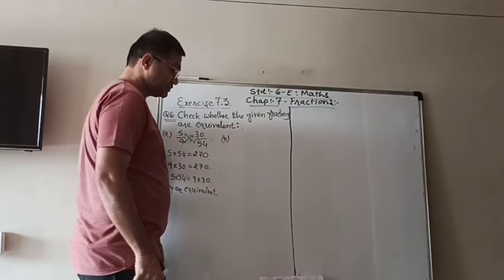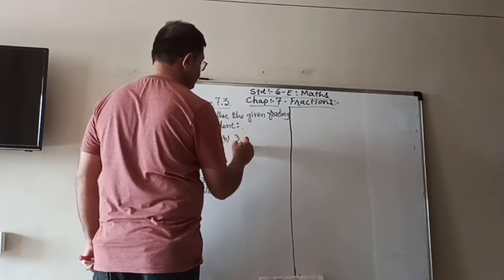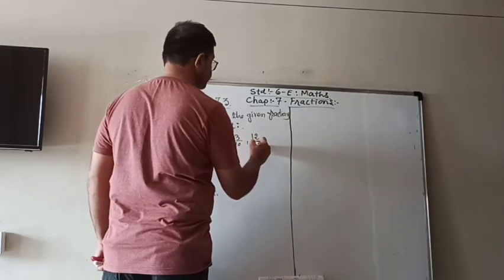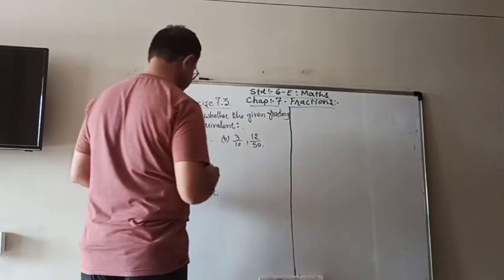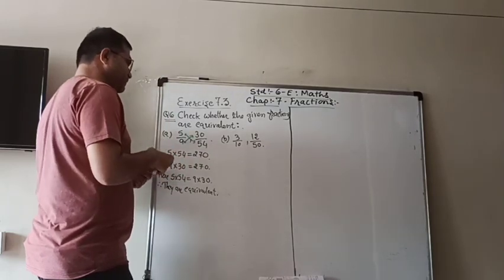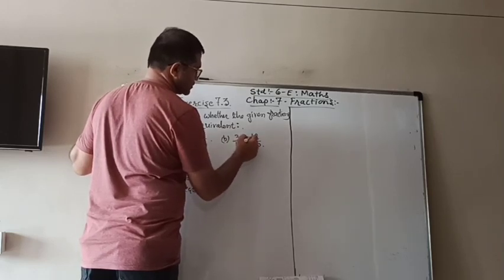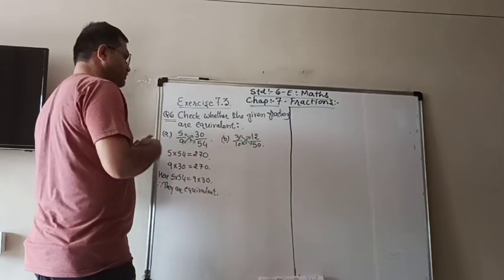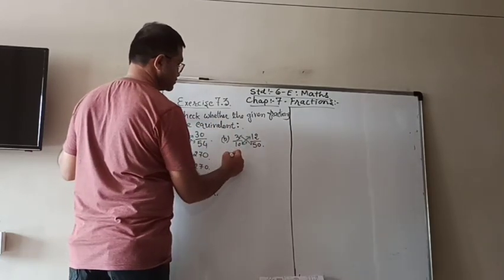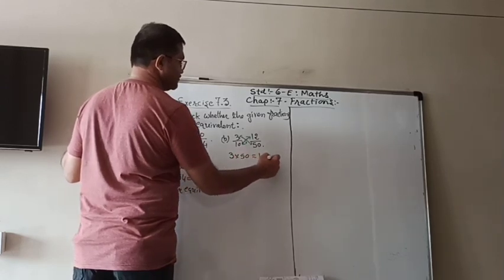Let's take the second set, that is 3 upon 10, comma 12 upon 50. So now cross multiplication. First we will see 3 multiplied by 50. 3 fives are 15, that is 150.